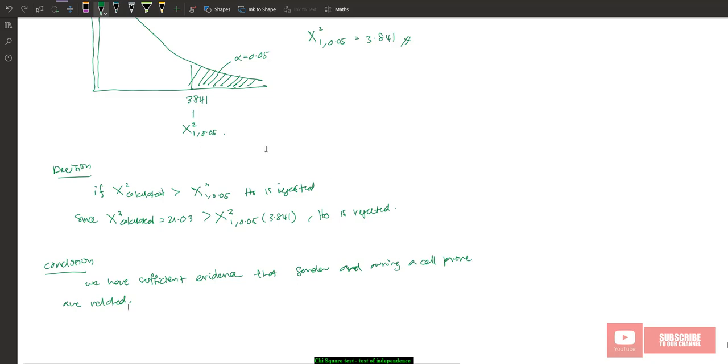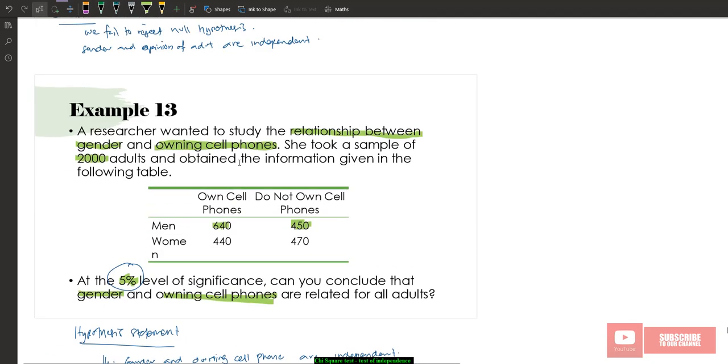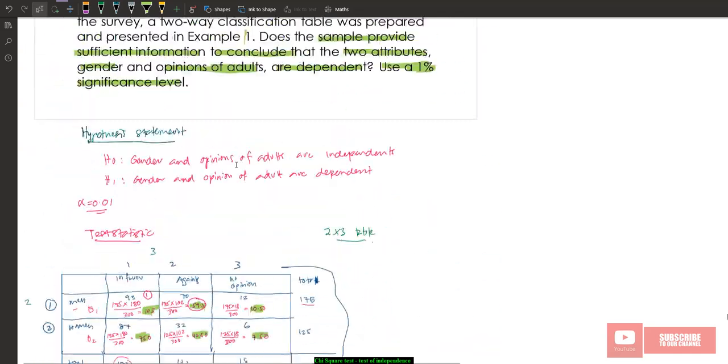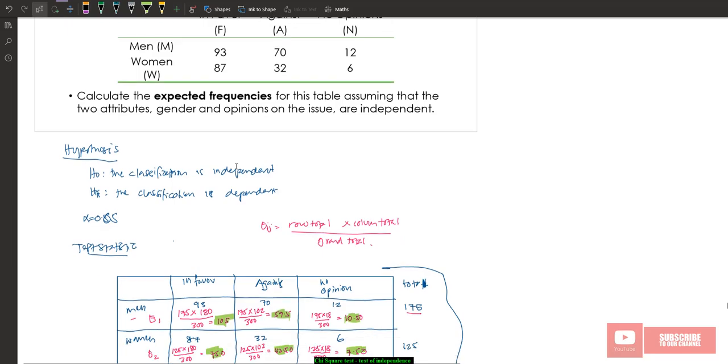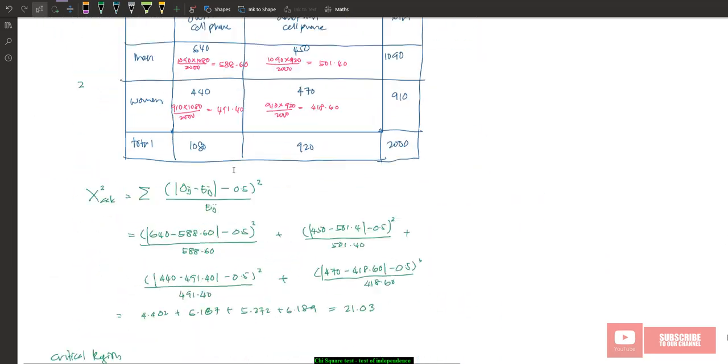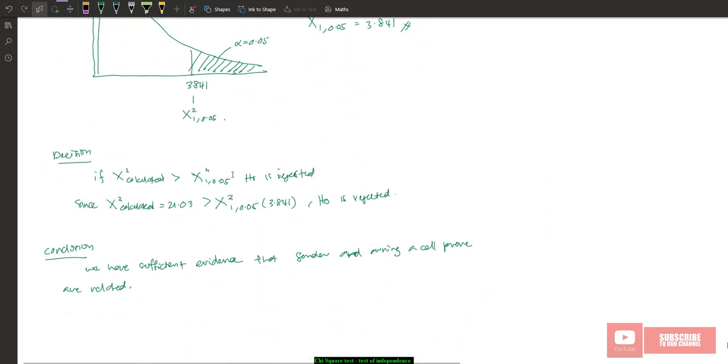So I think by then we have completed our syllabus for chapter number 4. In chapter 4, we learned the chi-square test.